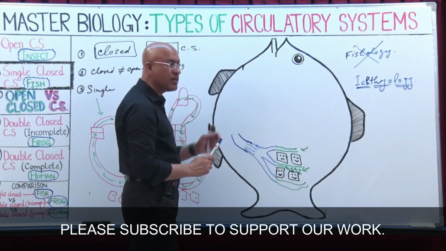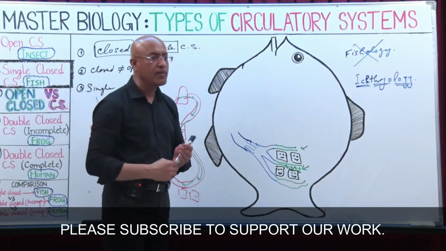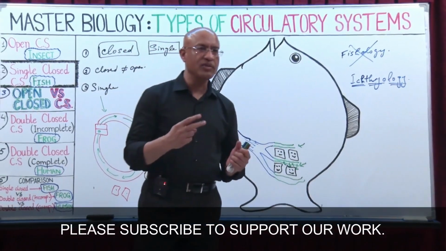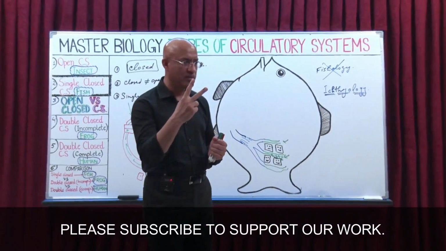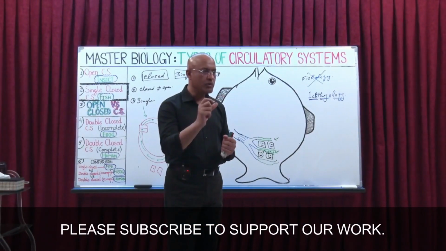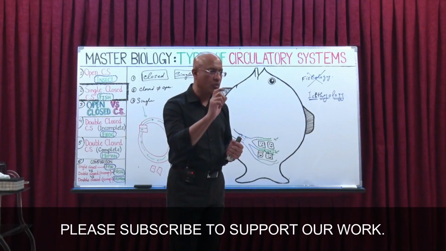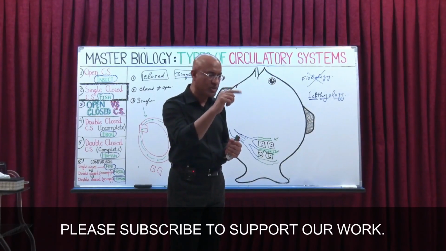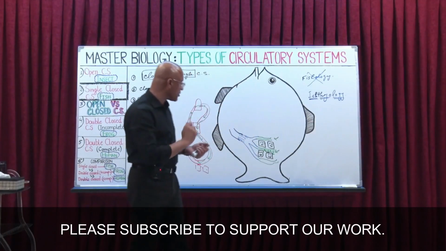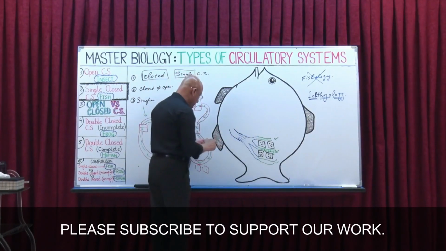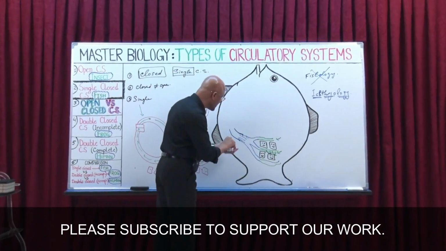Now let me draw some structure related with the fish heart. Fish heart is classically having two chambers. It has a two-chamber heart with two accessory structures. One structure is before the heart and another structure is after the heart. Let me draw. Let's suppose you are part of this, you are standing here.